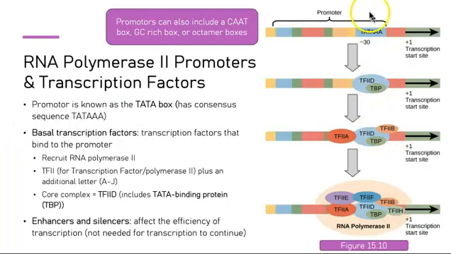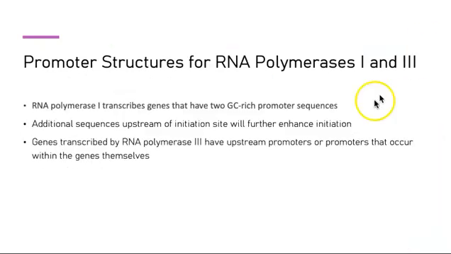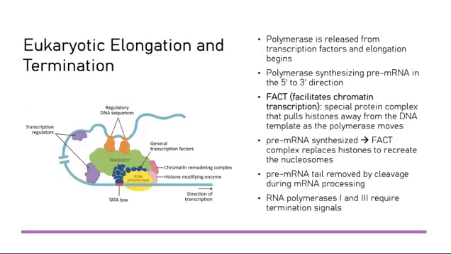So for instance, we saw that our TATA box was over here, but if I looked further down the line and saw that we had some other promoter sequences, such as a CAAT box or a GC rich box, then that's going to help enhance initiation. And our genes that are transcribed by RNA polymerase III have upstream promoters that can occur within the genes themselves as well.